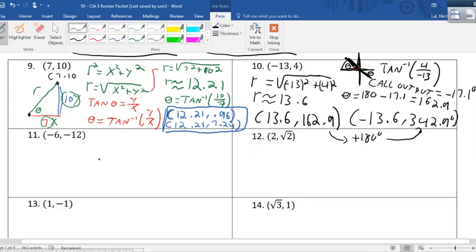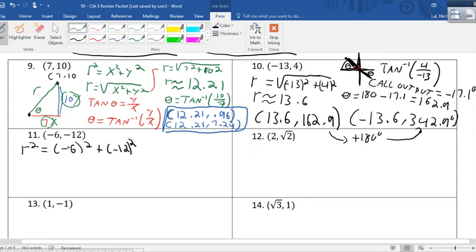All right. For 11, okay, we're going to be in odds, so r squared is going to be equal to negative 6 squared plus negative 12 squared.